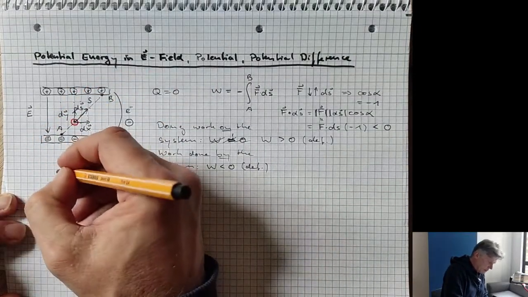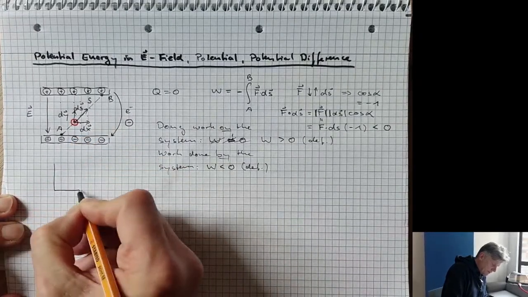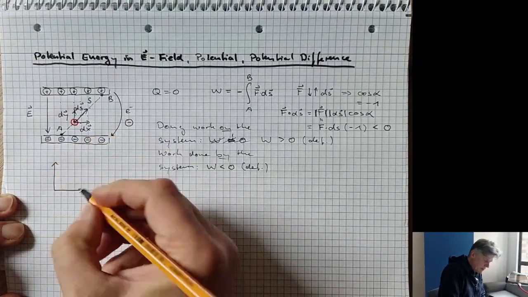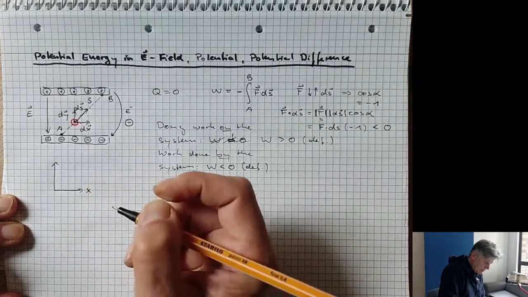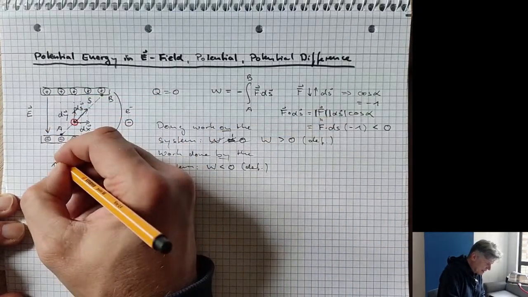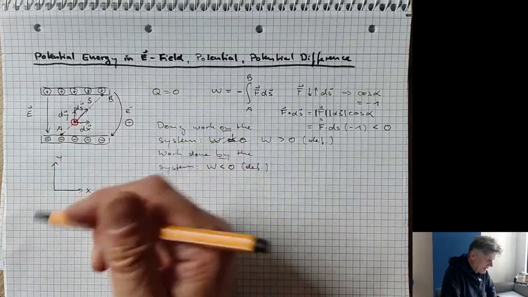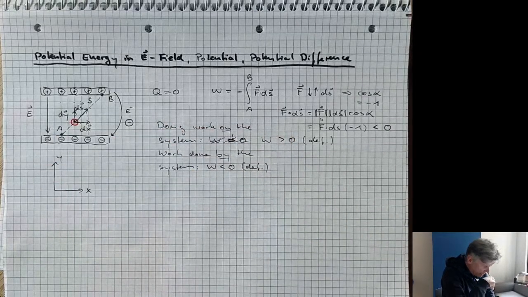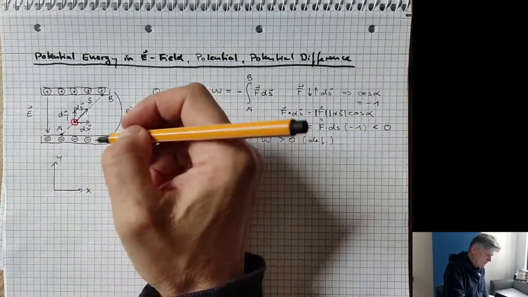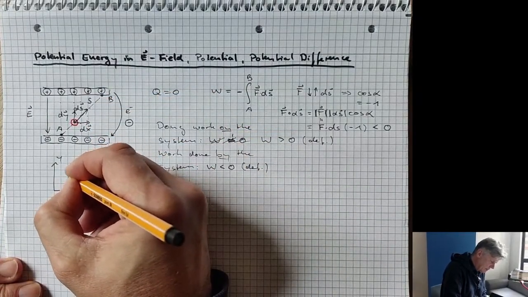So let me write this again. So we have a right-handed coordinate system, where of course in 2D you don't have a right or a left-handed coordinate system. Okay, so x and y are oriented like this, but this is our definition.